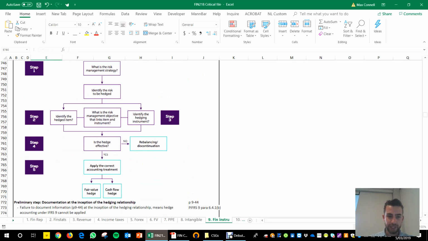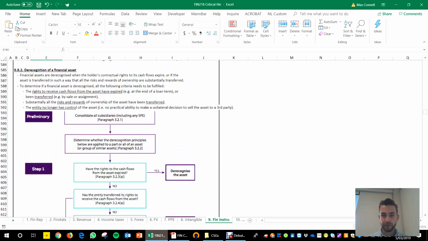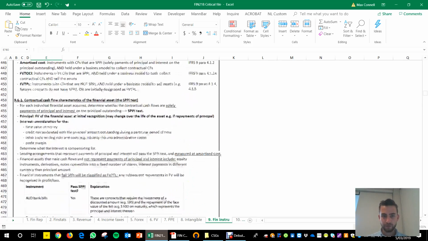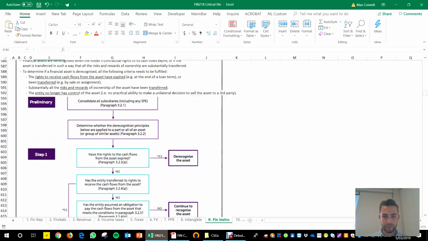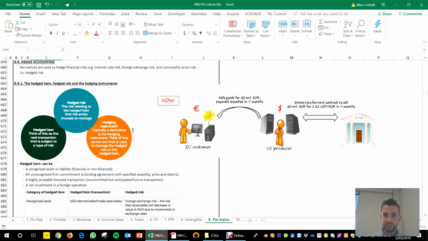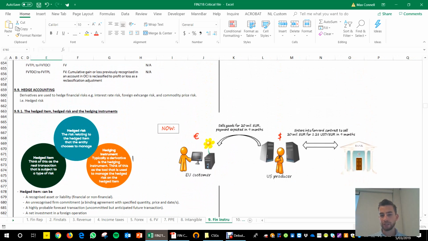Step 4 is hedge effectiveness. I kind of mentioned this before about what this means. In the example where the loss against FX was, for example, $1 million US, the forward contract, or derivatives in general, will only protect us against a percentage of that, for example, 70%.